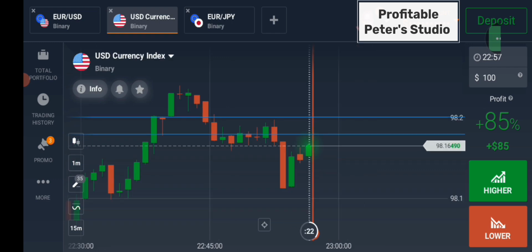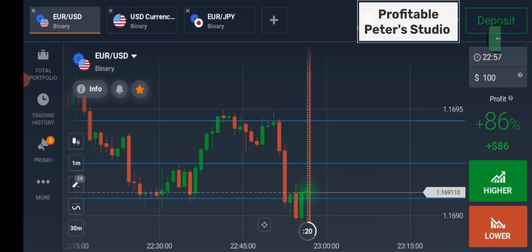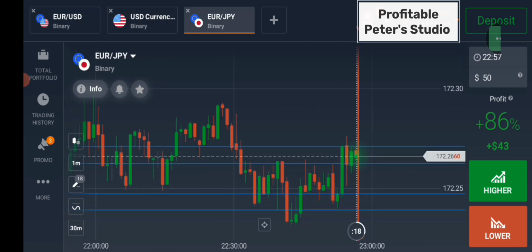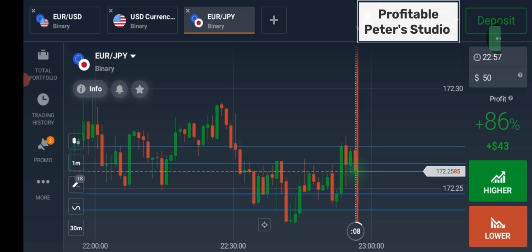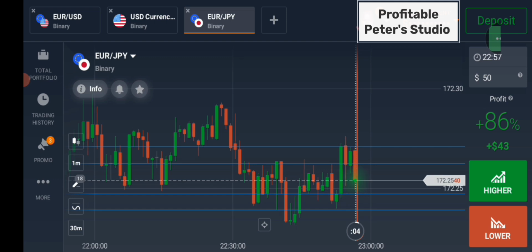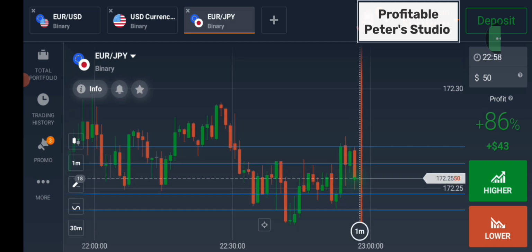Let's calm down a little bit again. If it gets back down to this support, I'll place a buy trade.